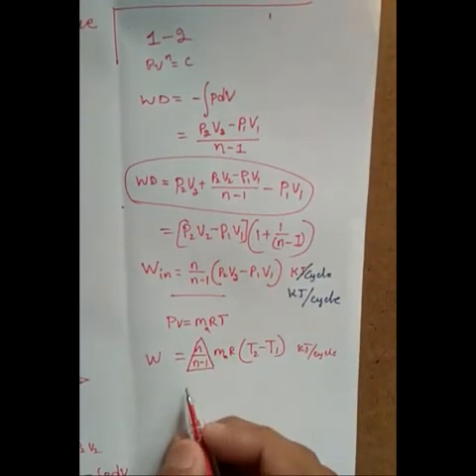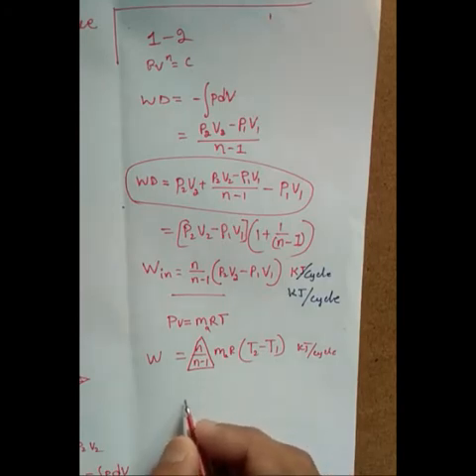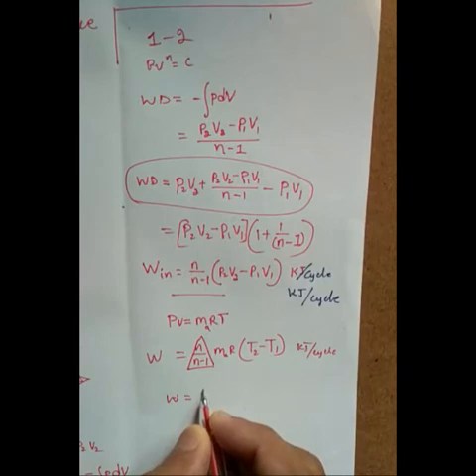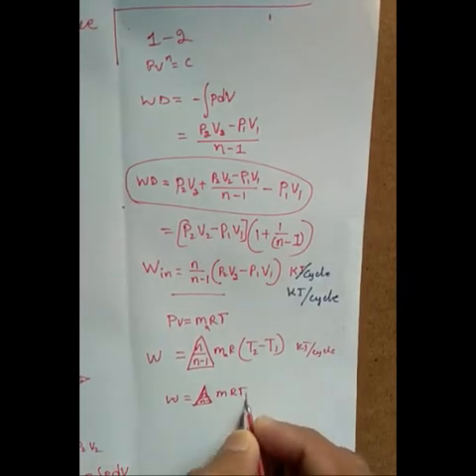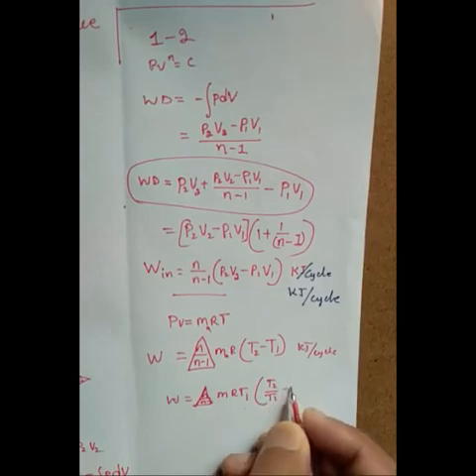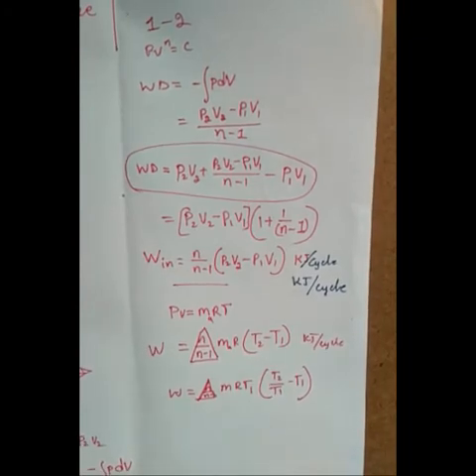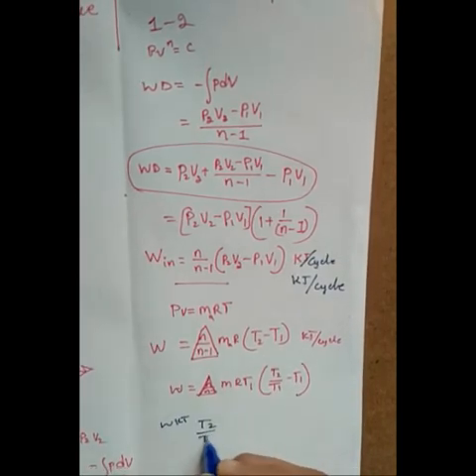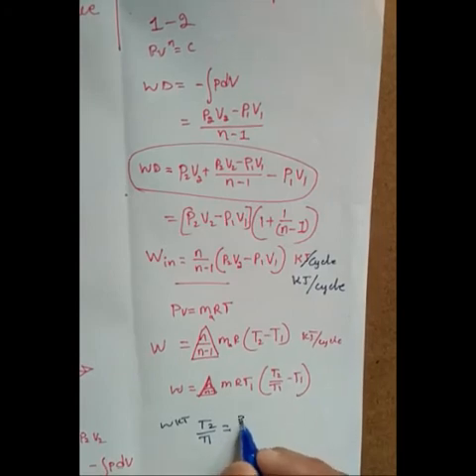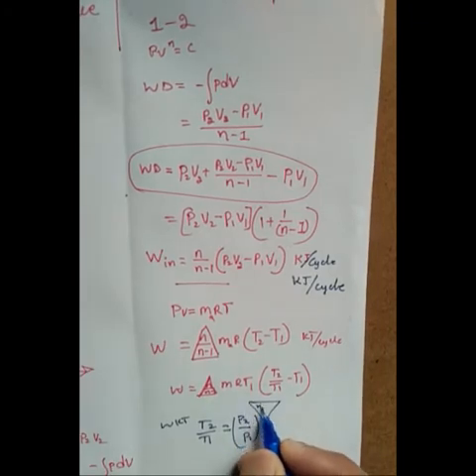Next, what we can do is take T out. So this becomes W is equal to n by n minus 1 mR T1 into T2 by T1 minus 1, and that T2 by T1 is the pressure ratio, but already we know that T2 by T1 is equal to P2 by P1 power n minus 1 by n.